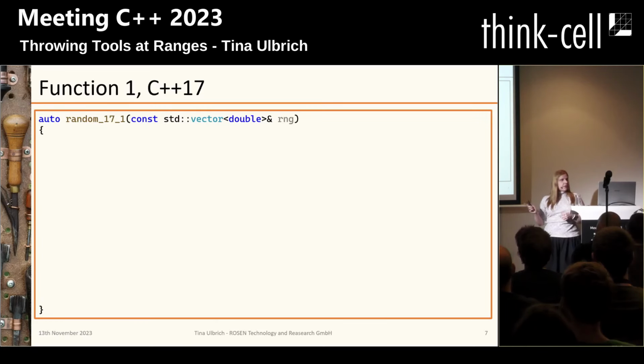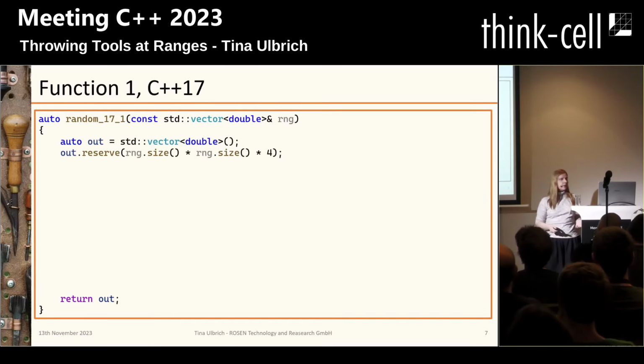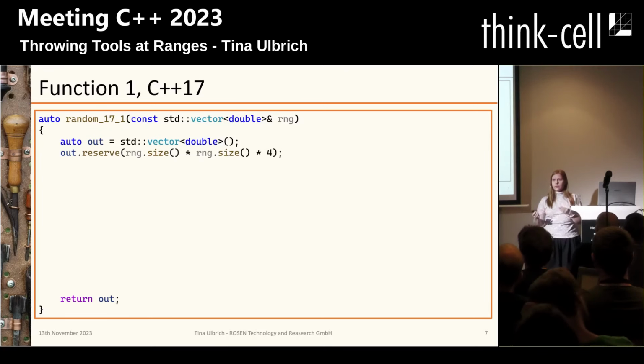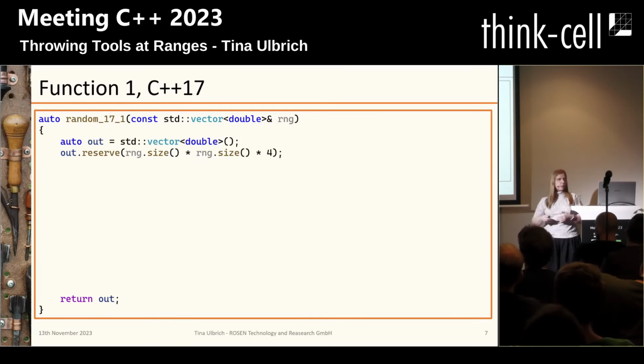And if you want to write this function in C++17, you have no other option than to actually use a nested loop. I love to create vectors and then return vectors in the end. So this is what I'm doing here. I need to have the result stored somewhere. It's not like the ranges view where I have all of this in a lazy way.